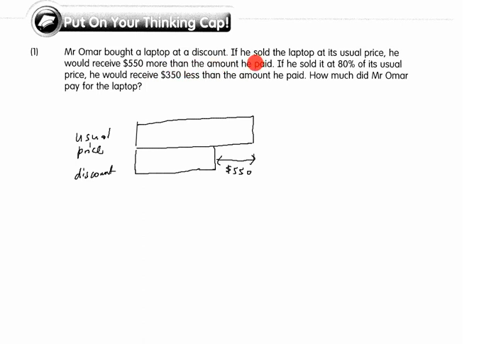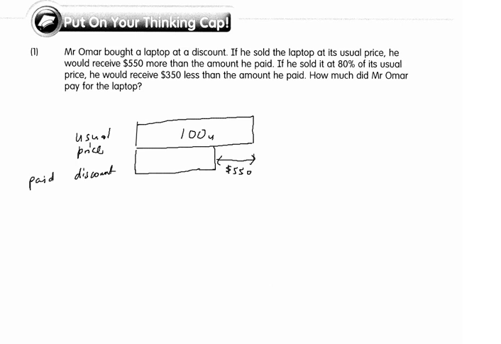Anyone has any problem with this model so far? Next, if he sold it at 80% of his usual price, in other words, this is 100 units, right? Correct? Now, this is the amount he paid.